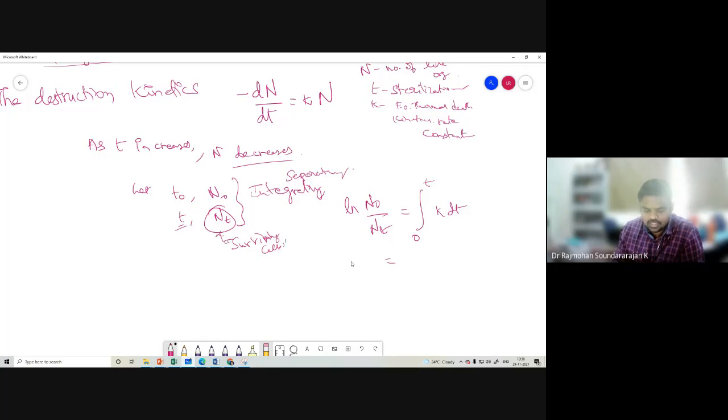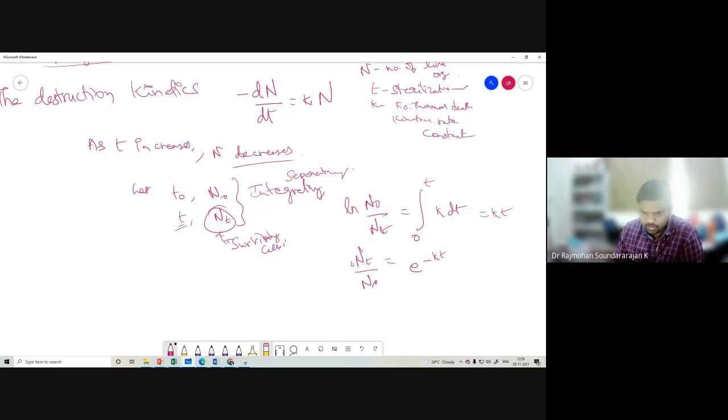Initially N naught is the initial number of cells. So we can rewrite this as N_t by N naught equal to e power minus kt, because when I reverse it, it becomes minus kt.